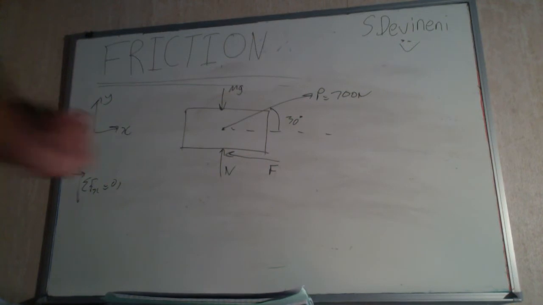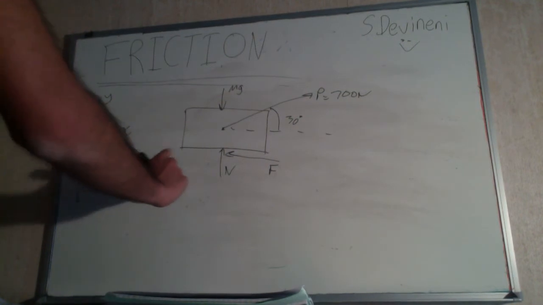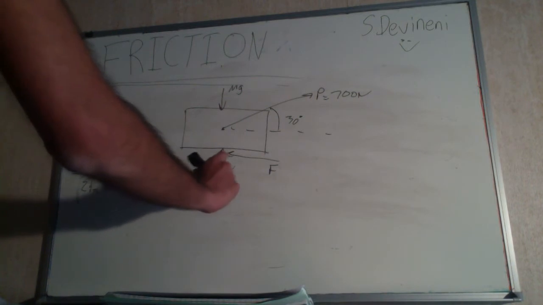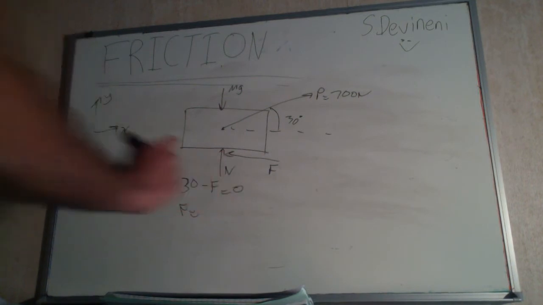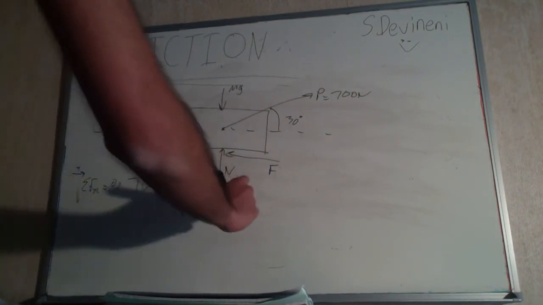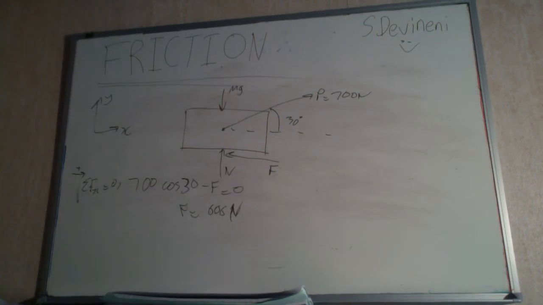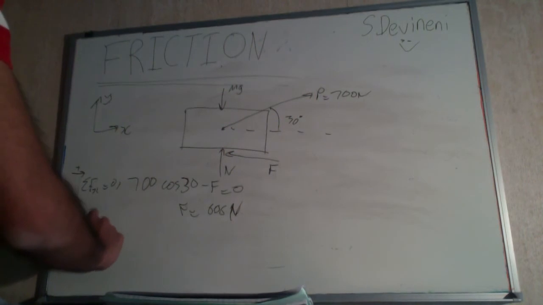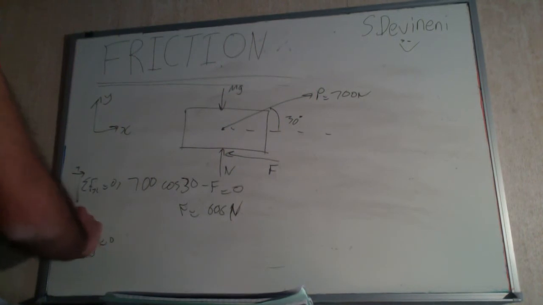We just go 700 cos 30 minus F equals 0. F equals 606 newtons. So that's the frictional force acting on this thing if it was static. We don't know if it's static or not. That's what we're trying to determine, and then after that we can find the frictional force depending on whether it's moving or not. Then we take sum of Fy equals 0, up is positive.